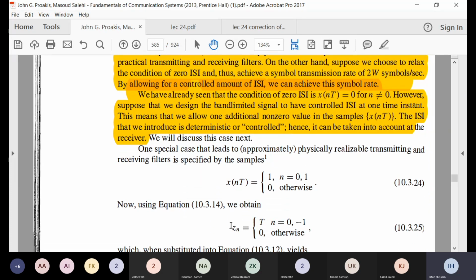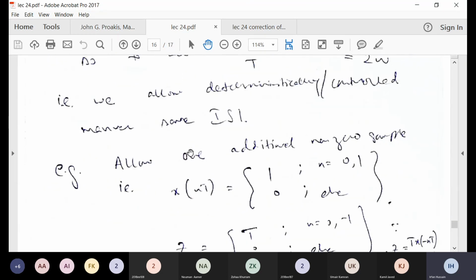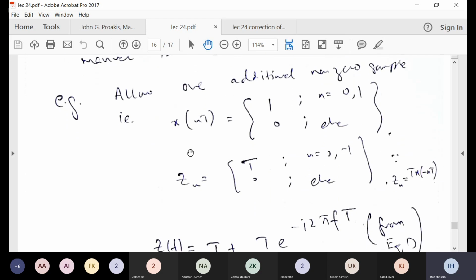So one example is that x of nT is not only 1 at n equal to 0, but it is also 1 at n equal to 1. Again, going to the notes because steps will be missing. So we allow two values to be non-zero, not only x0 but also x1.